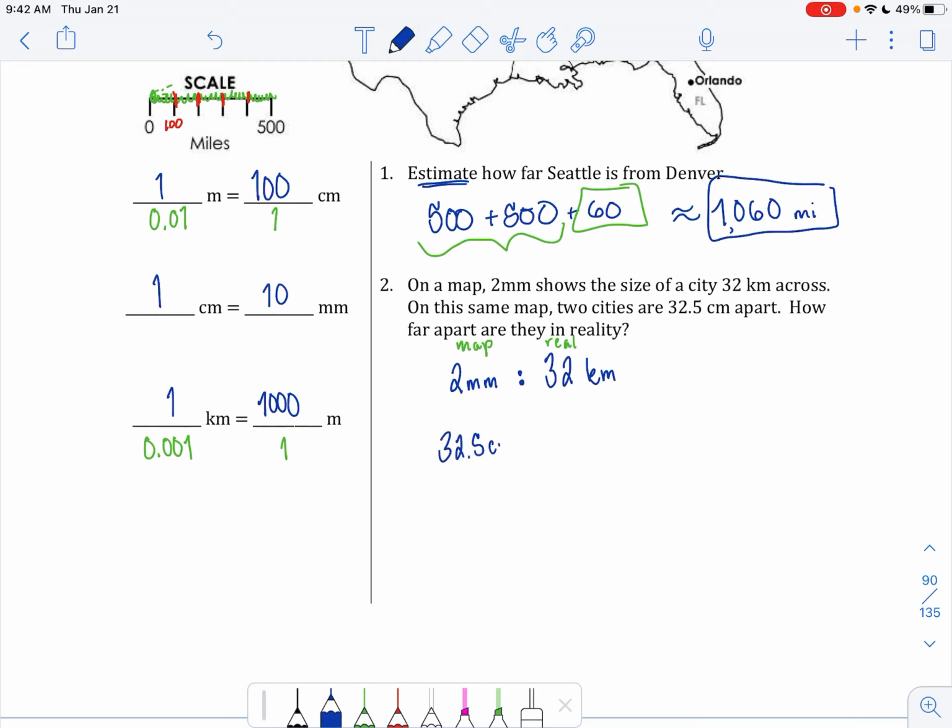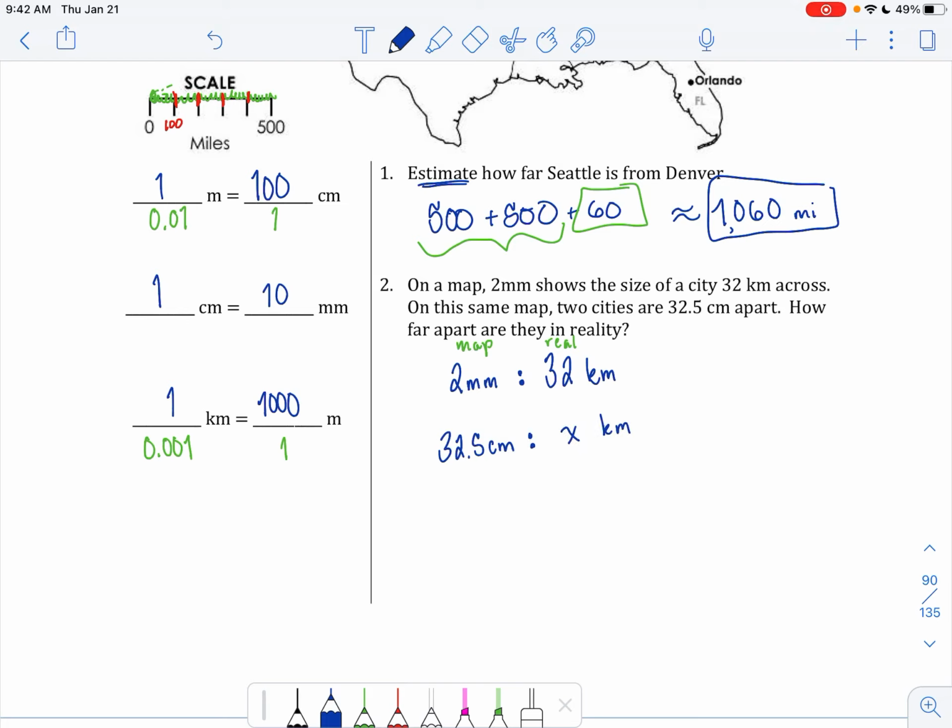Then we have 32.5 centimeters, and here's our unknown, x kilometers. Now, what I like doing here is, I can just set this up as a proportion, set them equal, and you can use that to solve for x, just like with cross multiplying.